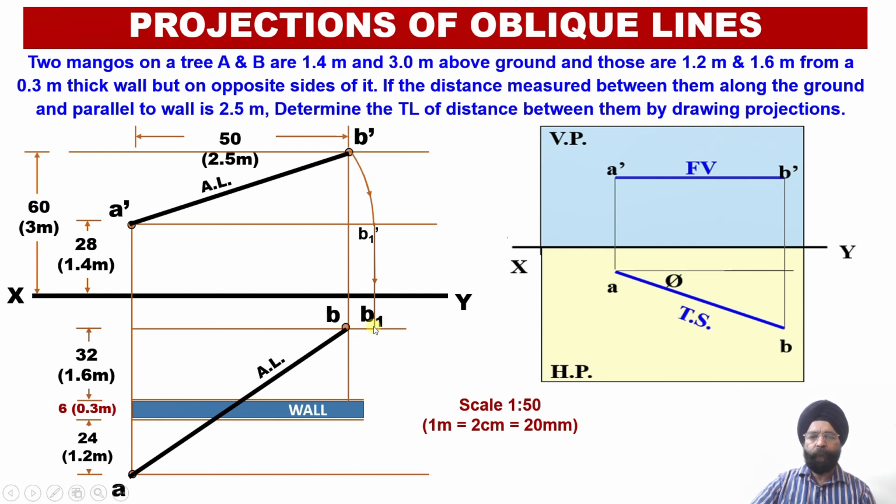And the moment we obtain this point B1, we need to join point A and point B1. So we have joined it using a blue color line. So this gives us the true length of the line.